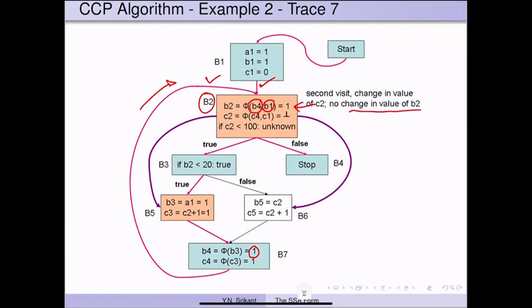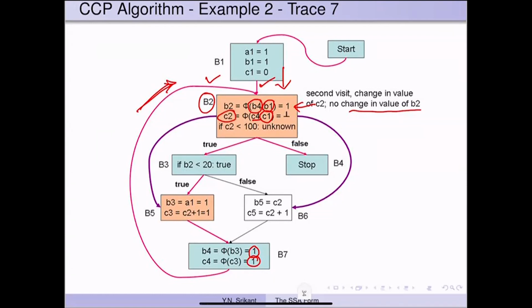But what about the C4? C4 has a value of 1 along this edge, and C1 has a value of 0 along this edge. Therefore, C4 being a 1 and C1 being a 0 cannot make C2 a constant.